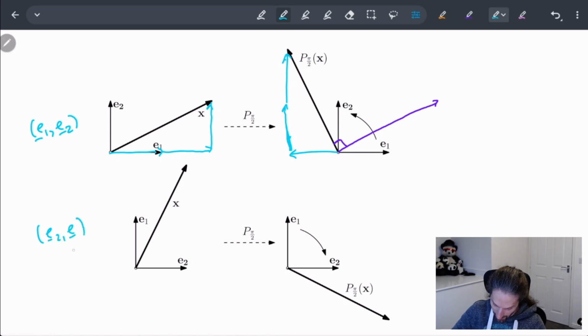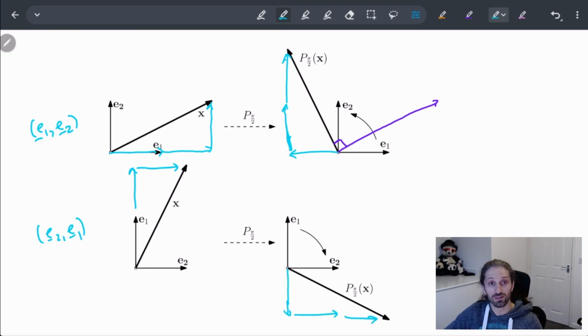What this is saying is the orientations of these two are opposite, because I've just swapped them. So let's see what happens. Again, I have E1, E1, E2, and that gives me x. Here I have minus E1, E2, E2, and that gives me the rotation. If I draw the original x, you can see this is still a rotation of 90 degrees, but the direction we go is different.